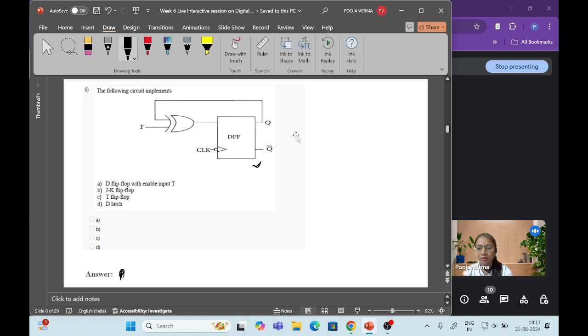Let's check what it is. First we will see what is going to the input, that is T. It is the symbol of an XOR gate. The input is T XOR Q.